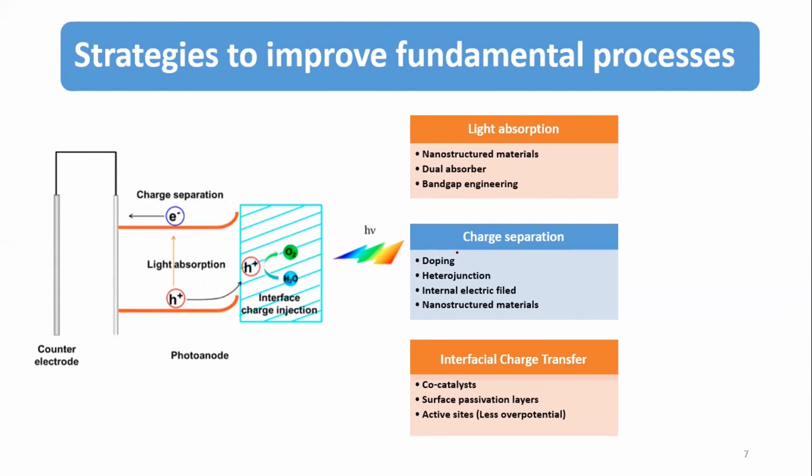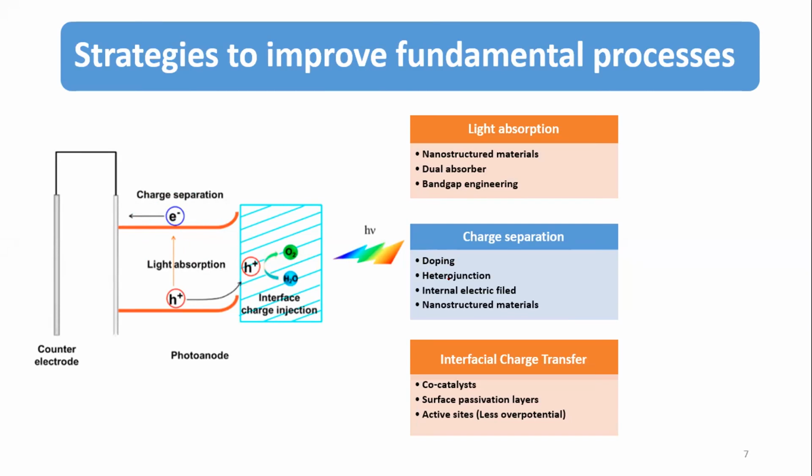absorption properties. When it comes to charge separation and transport, once the photo carriers are generated, they need to be transported. In this case, the conducting properties of the material play an important role. To improve the conductivity, doping is one of the processes.